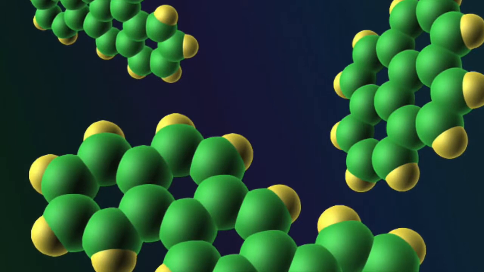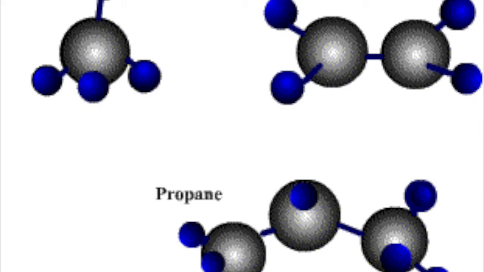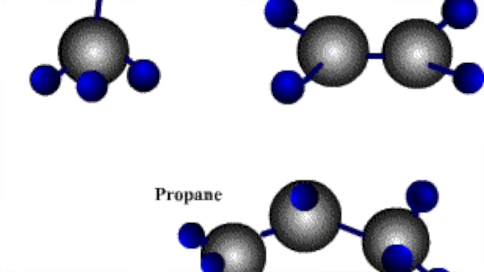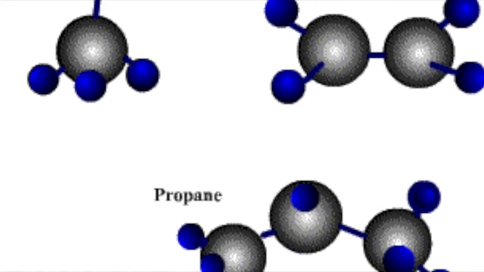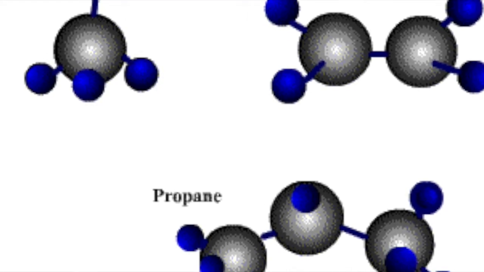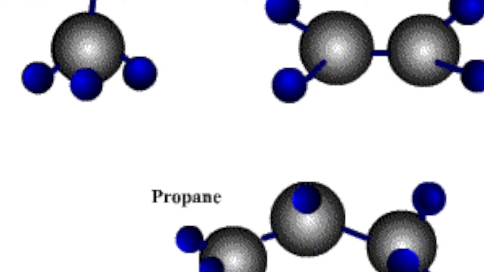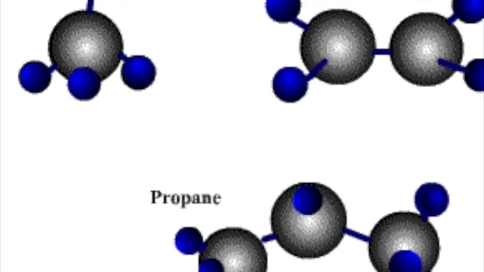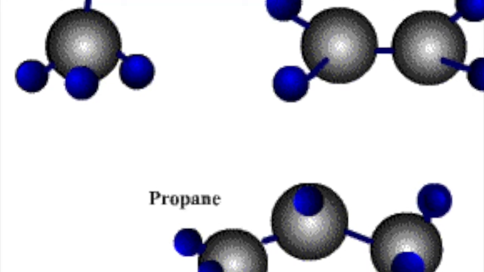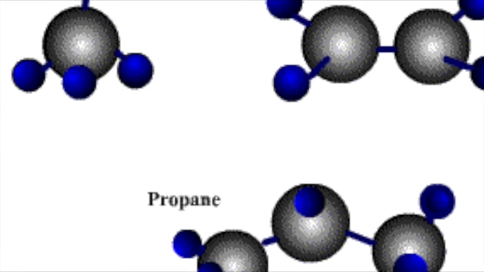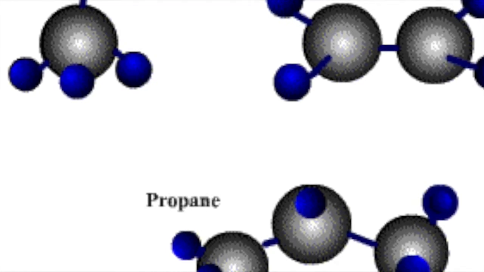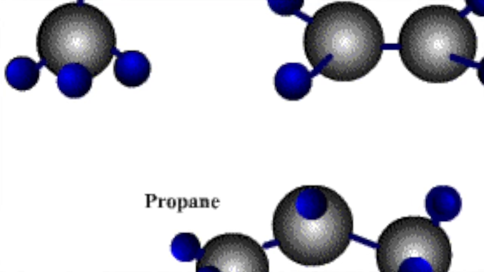Compounds where the carbons are all joined by single bonds are known collectively as alkanes and have names ending in "ane". Therefore, the first 8 alkanes are methane, ethane, propane, butane, pentane, hexane, heptane, and octane.